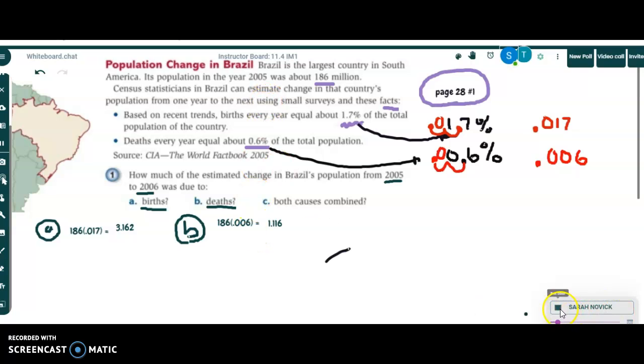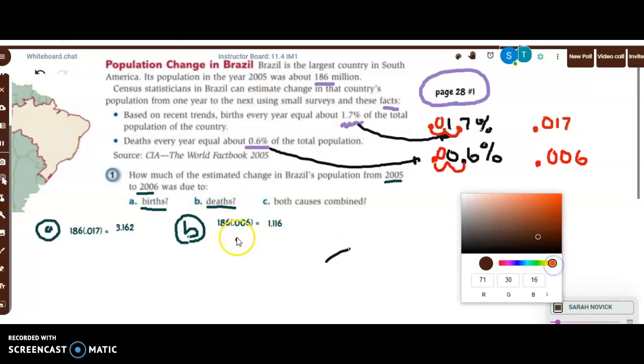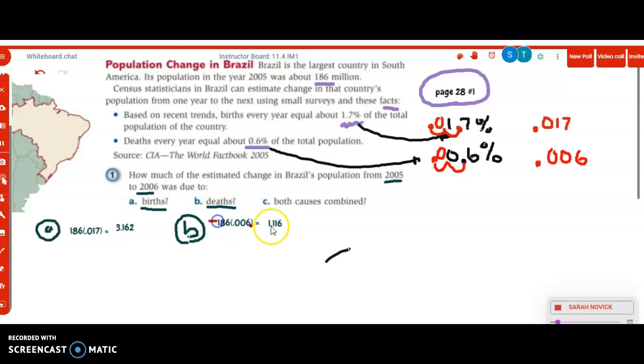So let's go ahead and mark this the right way. I'm going to put a negative on here because when I put a negative, I know it's going down, okay? And these are positives, right? Because it's increasing. When the birth rate goes up, the population goes up. When the death rate goes up, that's a decline.